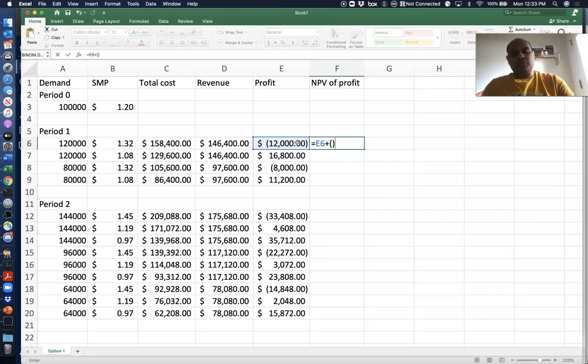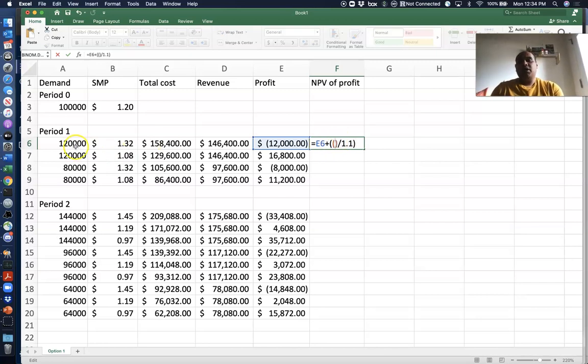So I'm going to put a parenthesis here. Everything within this parenthesis comes from the future, so we're going to divide everything within this parenthesis by 1.1. Why 1.1? Because that's how much we are discounting by: a 10% discount, so we divide by 1.1. This is everything that's going to happen 1 year in the future.